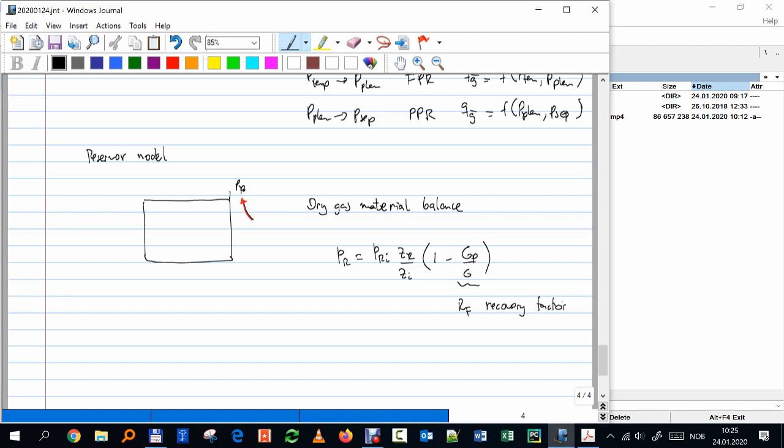Is that correct? Okay, so that's the equation. All petroleum engineers learn it in the first lectures. How is the pressure of the reservoir, the tank, declining with how much I drain out of the tank? So it's a function of how much I have recovered, how much I have removed from the tank.